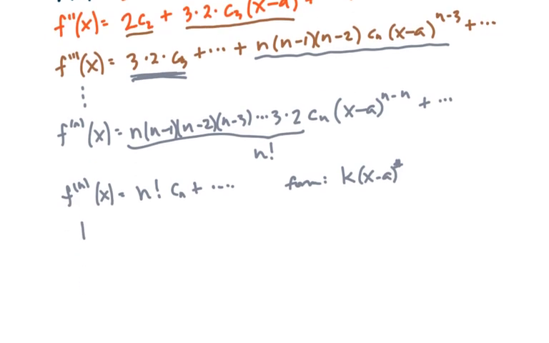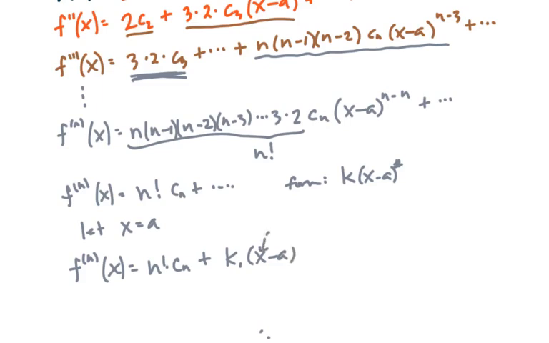So if we go back up and let x equal a, then that doesn't really affect what we're doing here at all. But our nth derivative then is n factorial c sub n plus, remember we have some constant times x minus a. So when we put a in here, this becomes 0.